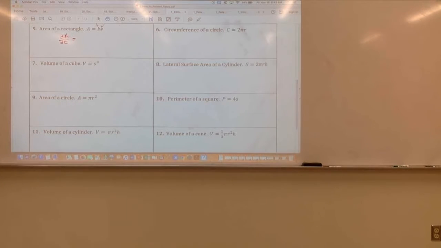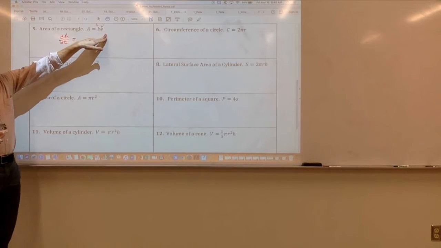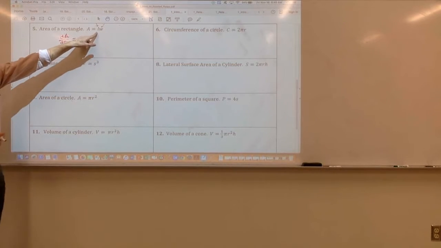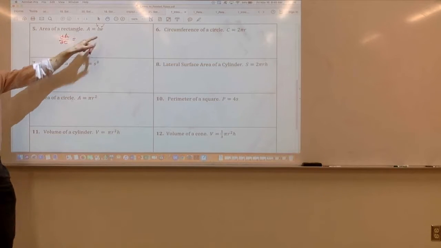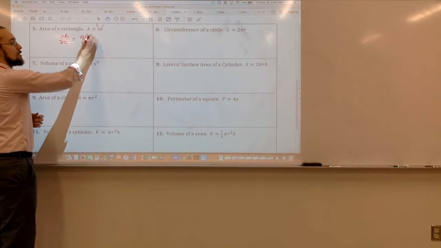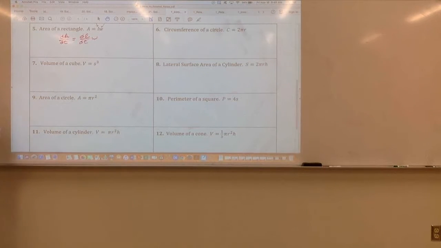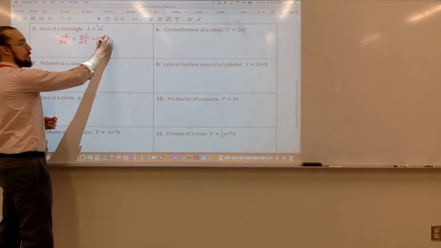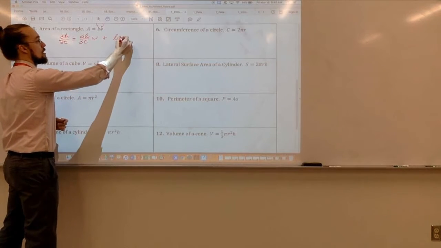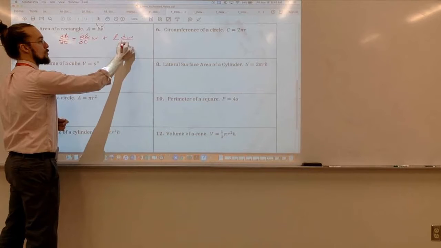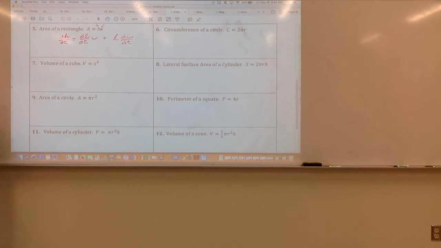But then over here, if I'm using product rule, I'm saying, well, the derivative of the first, so the derivative of L, would be dL dt times the second, so times W, plus the first times the derivative of the second.